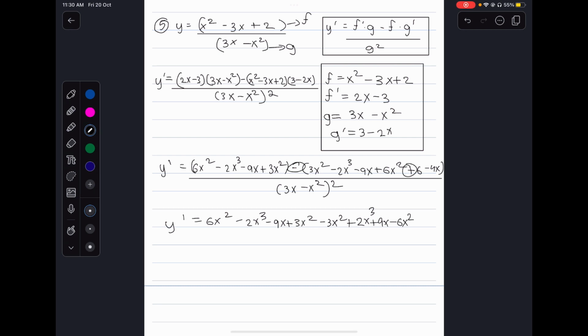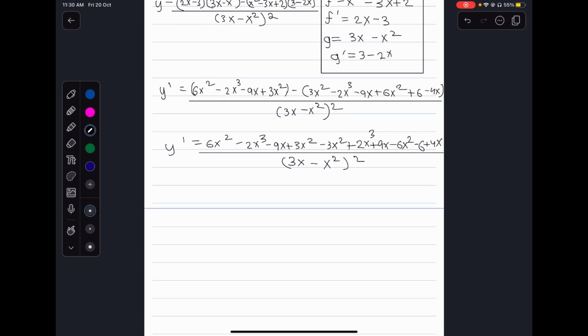Negative times positive is negative, so 6, and then negative times negative is positive, so positive 4x. Everything under g squared, so (3x minus x squared) to the power of 2.